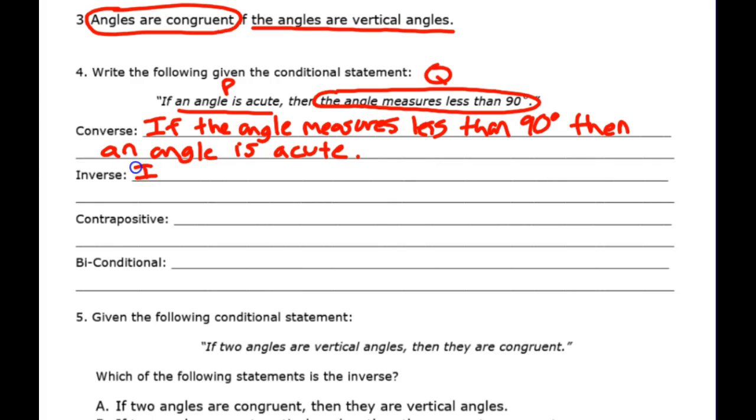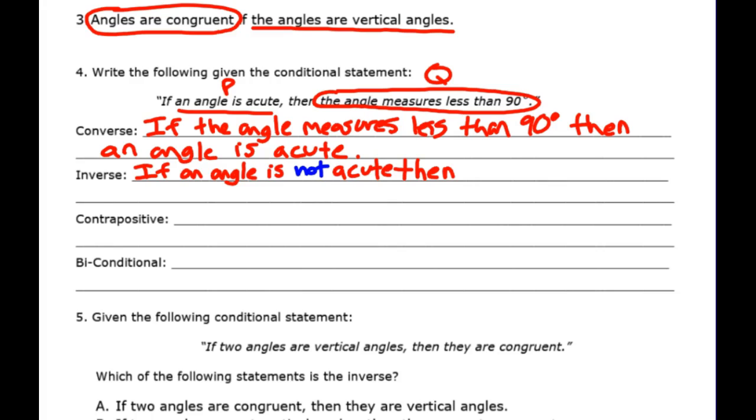But instead of it is acute, I'm going to put if an angle is not acute. Okay? You see how that works? My original statement in the same exact order, but it's going to have opposites. I'm going to use the nots in there.